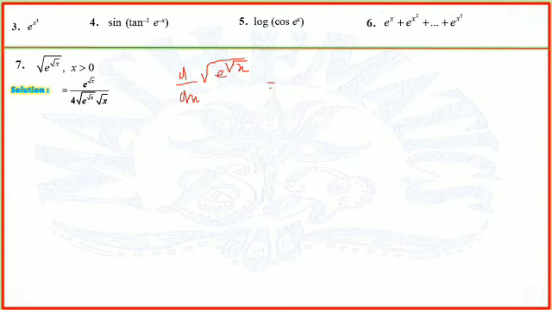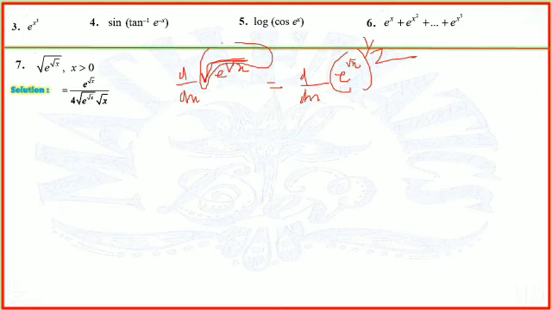As I have already explained, whenever there is a square root or cube root, you have to write it in the form of a power. So d over dx of e^(root x), whole power 1 by 2, for this square root.